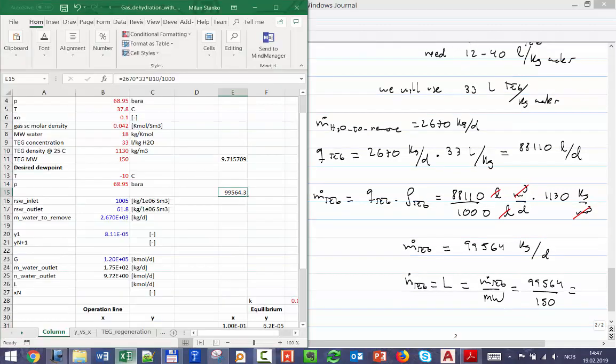I copy all of that and put it here in L, divided by the molecular weight of 150. And you see the amount is 664 kilomole per day.